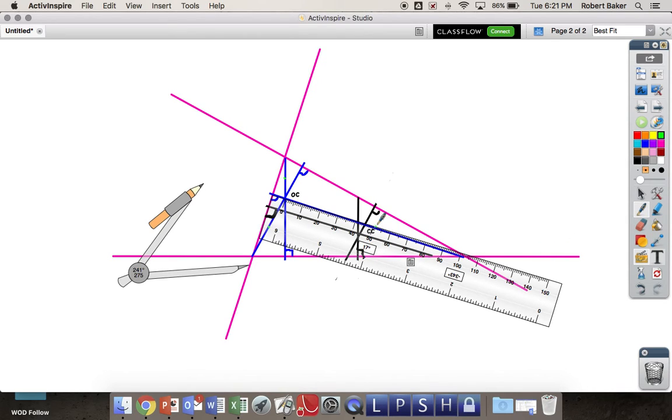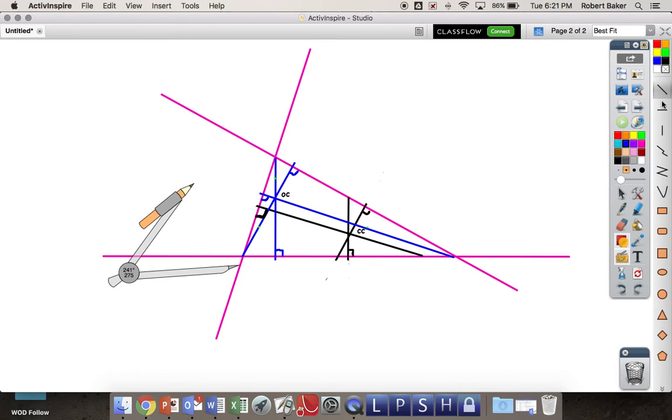Half of that would be right here at like 52. So right now I have 3 points. I'll make those green for you guys a little bigger so you can see them. I have a point here, I have a point here, and I have a point here. Those are the midpoints from the vertex to the orthocenter.